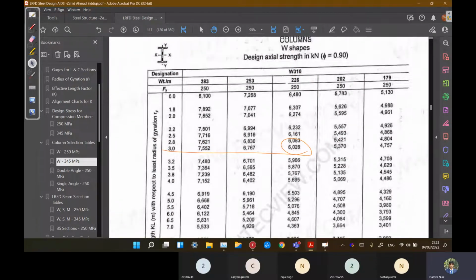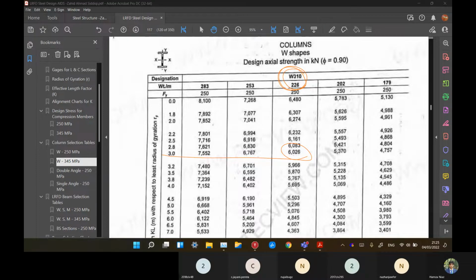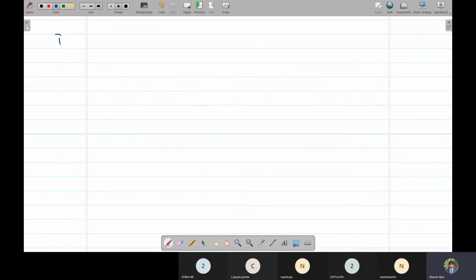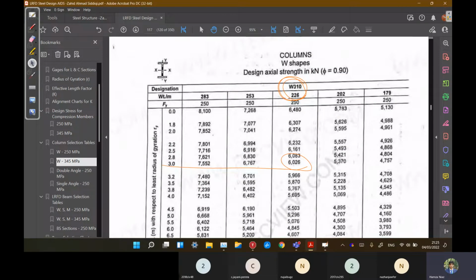So we can select our first section as W310 into 226. Then we have to check other sections also, because we have to select the lightest one, as it is the most economical.